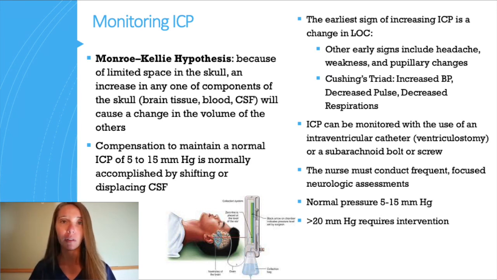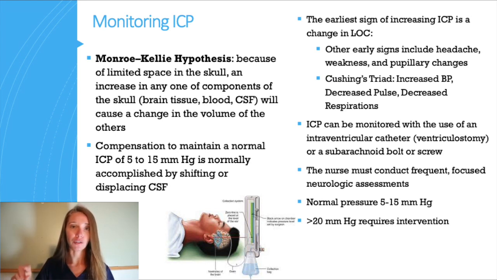If it's a bleed, we will decompress the bleed, we'll remove that blood. Or we can insert a drain, an extraventricular device, into one of the ventricles of our brain, and that will keep intracranial pressure under control. We'll calibrate it to a certain level to where excess CSF is able to drain into that external device.